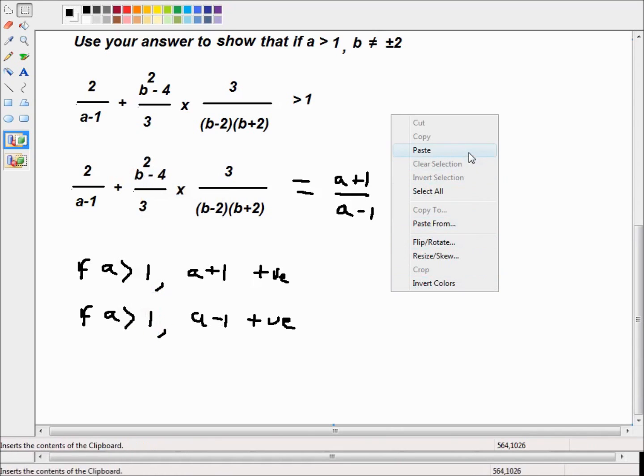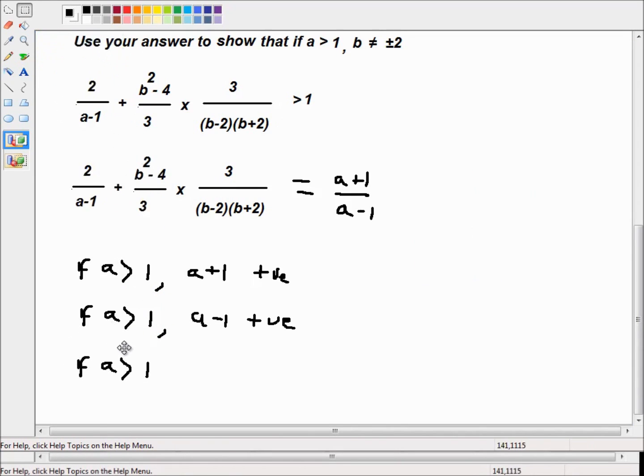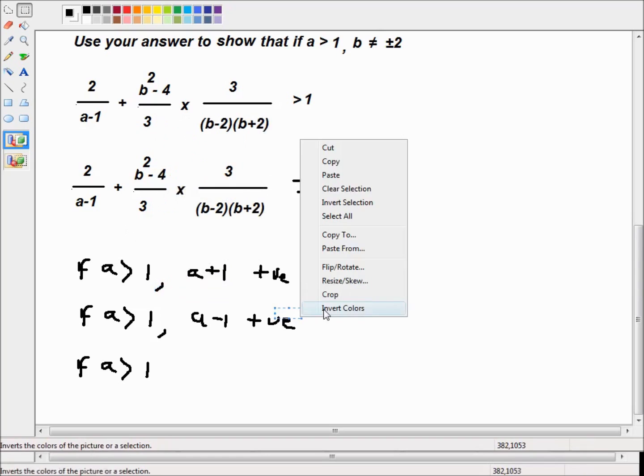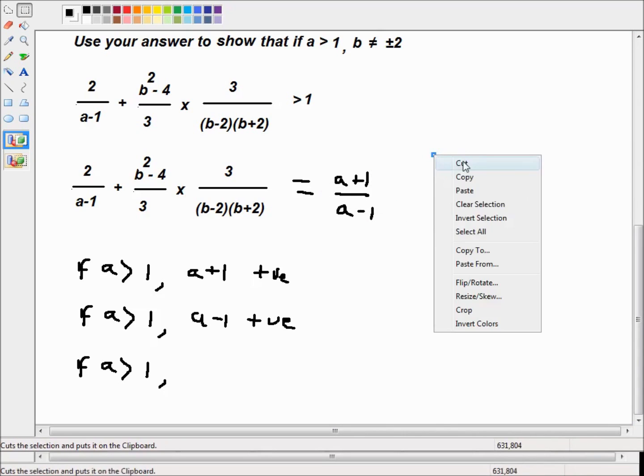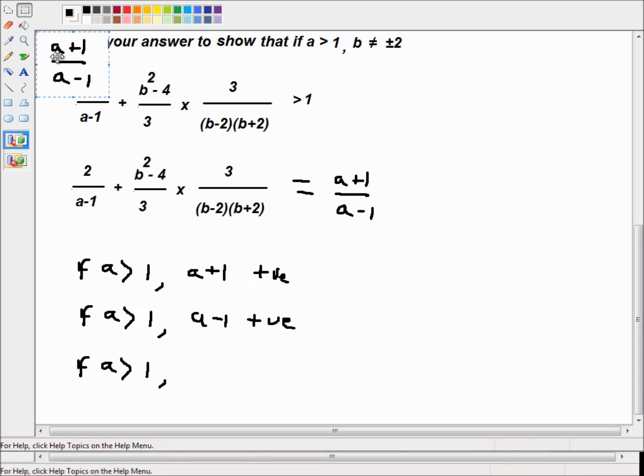And if a is greater than 1, then all of this is positive.